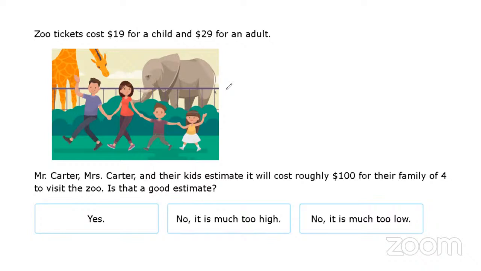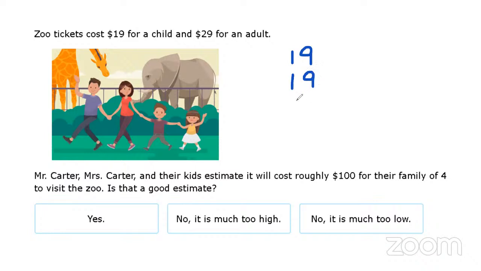When we're estimating, it's almost like we are rounding up or rounding down. We don't have the exact figure, so we are rounding. So estimating is quite like rounding. Now, if they estimate that it will cost about $100 for the 4 of them to visit the zoo, let's see if it's a good estimate. So $19 for one child, $19 for the next child. It's 4 of them.